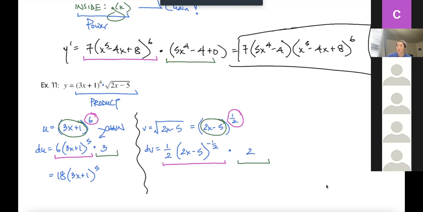I feel like when there's so much silence, either my microphone is not working or we're feeling really stuck. So help me out a little bit here. So we get the 2 by taking the derivative of that inside function.